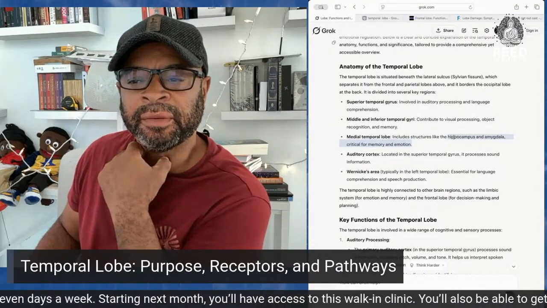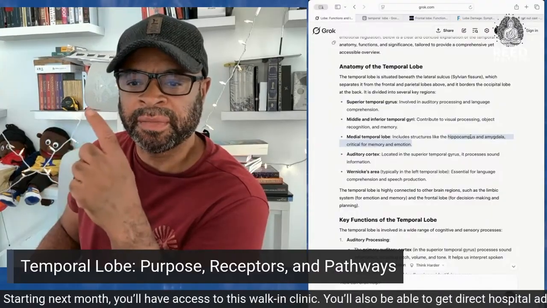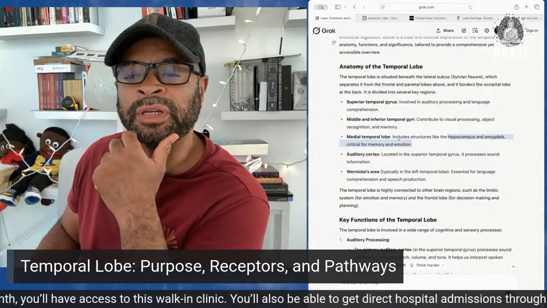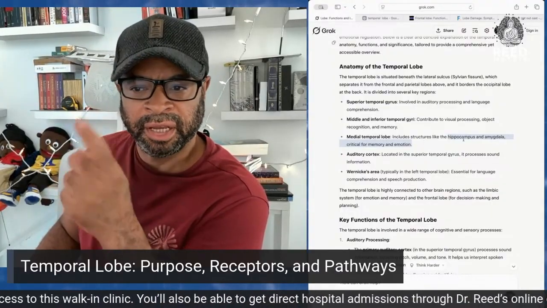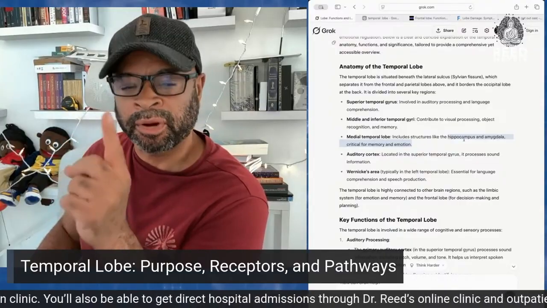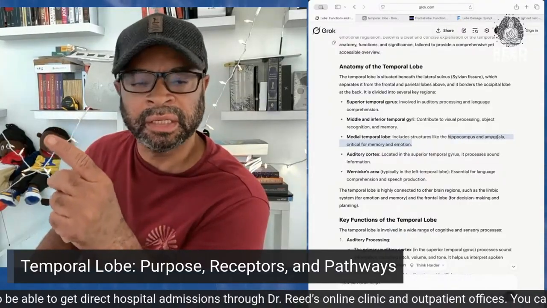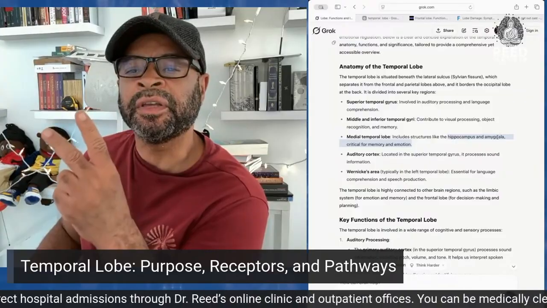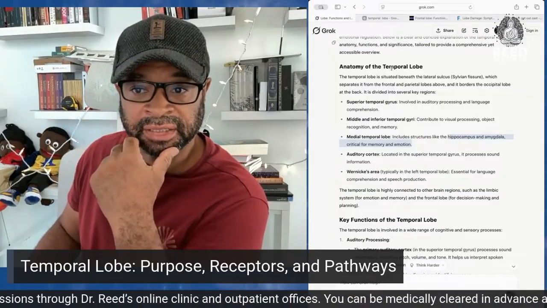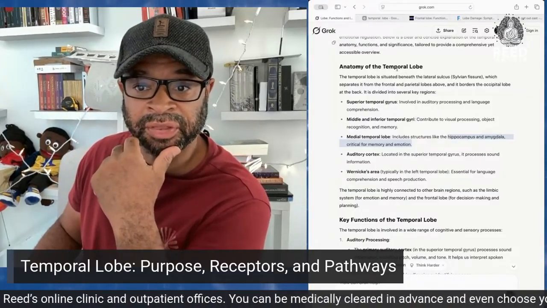I kind of thought that the hippocampus was set apart from the medial temporal lobe, but the medial temporal lobe includes structures like the hippocampus, which we reviewed primarily for memory, and the amygdala, the emotional processing center. This is simply a subnuclei within the temporal lobe.